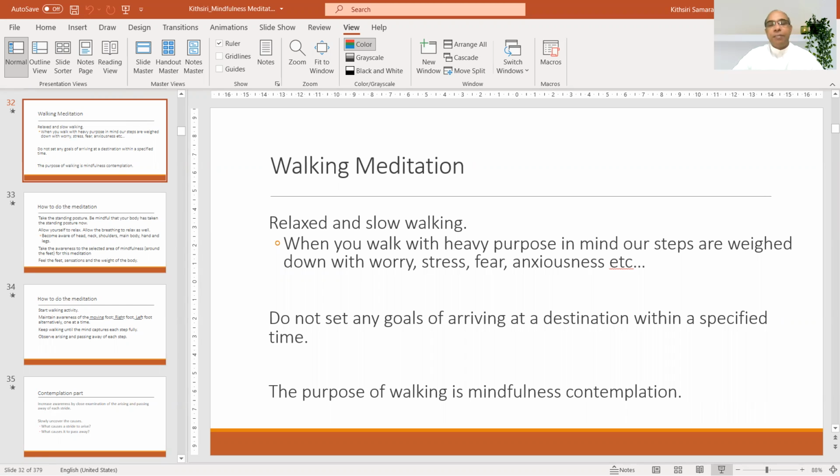Today, you will not be able to do a practical session on mindfulness walking. So I will be giving all the guidelines which you can use to do self-practice during the week. But regarding the physical activity mindfulness meditation, I will introduce another one after this, which we can do together online.